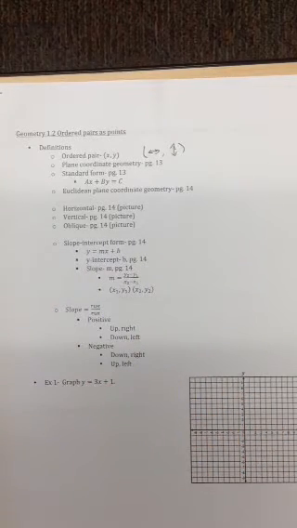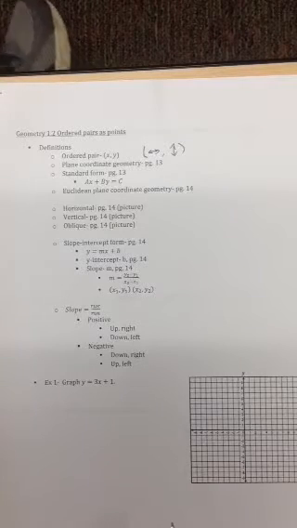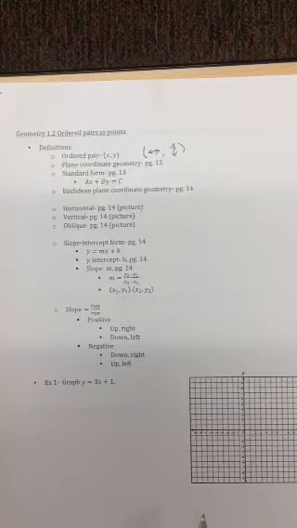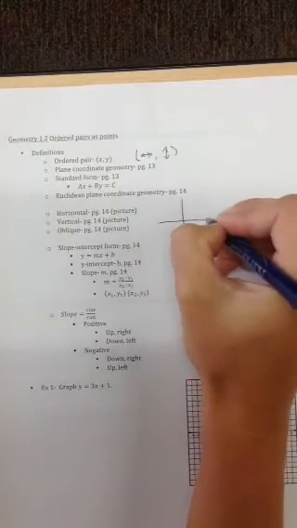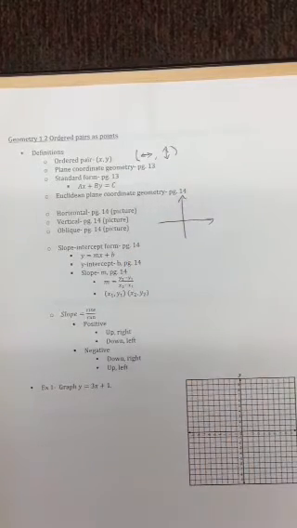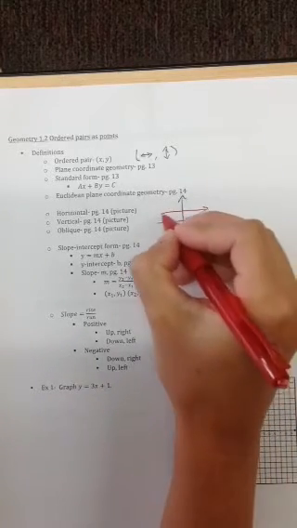So on page 14, there should be 3 pictures towards the top of the page where they've got one that's a horizontal line, one that's a vertical line, and then one that's an oblique or like a diagonal line. I would jot those into your notes and also put the equation that goes with it. So for the horizontal, I would just sketch something like that for my graph, and then maybe you want to do, in a different color, the line that they're talking about.